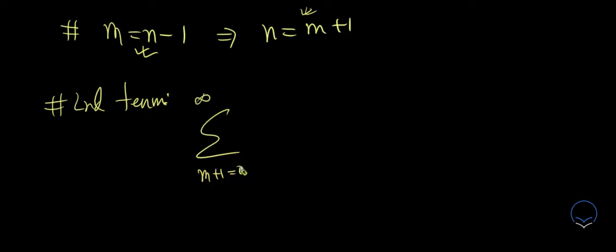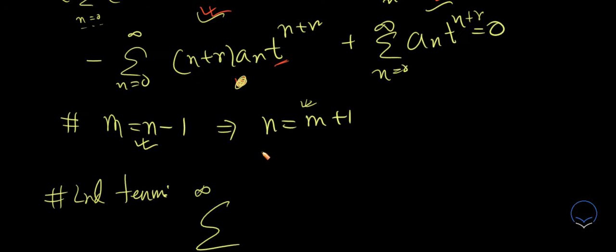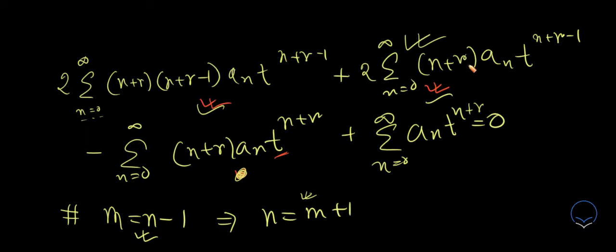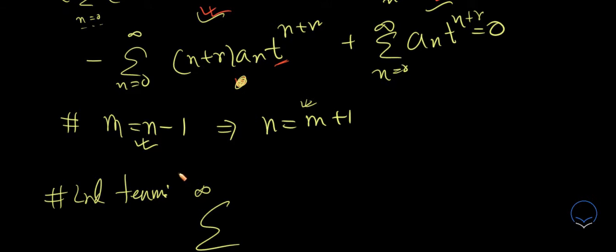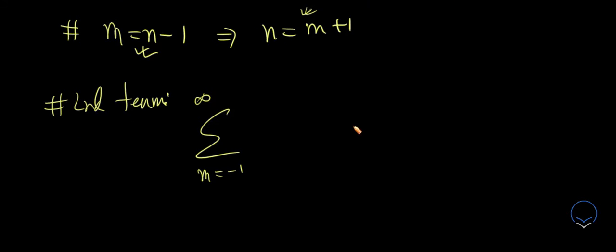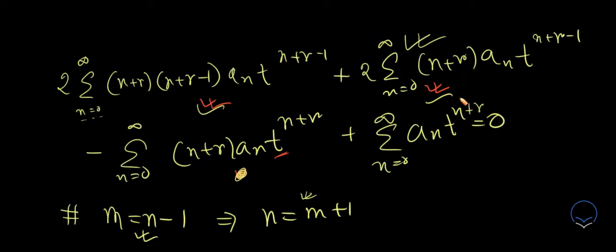So you can write that directly, or you can just write it like me, just to avoid confusion. It starts from minus 1, and then there is this n plus r, but n is equal to what? n is equal to m plus 1. So it will be r plus m plus 1.